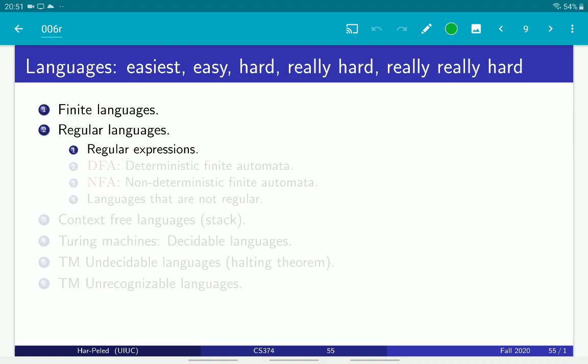So the first description is regular expressions, right? Which are, if you want, extended search patterns. Some editors support them, if you ever encountered them before. And then above that, we will speak about DFA, which is the deterministic finite automata.